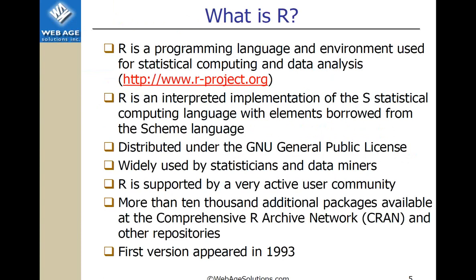So R is a programming language. It's a scriptable, interpreted language, which is distributed under the GNU public license, meaning that you cannot really develop anything and hide it. That license prevents that. So be aware of that. GNU, whenever it touches anything, should be disclosed under the same license.